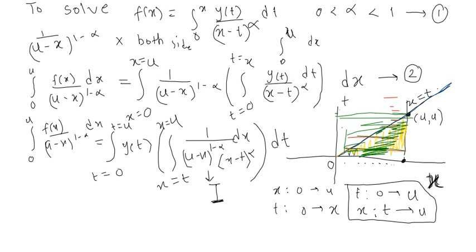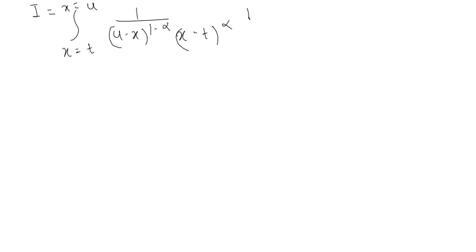So now let I be equal to the integral from x equal to t to x equal to u of 1 divided by (u minus x) raised to 1 minus alpha times (x minus t) raised to alpha, dx, okay. So we will use some substitution. Let (u minus x) divided by (u minus t) be equal to some s, okay.